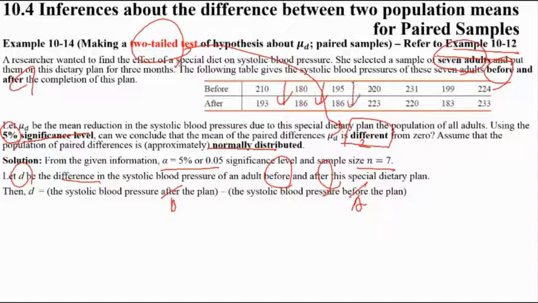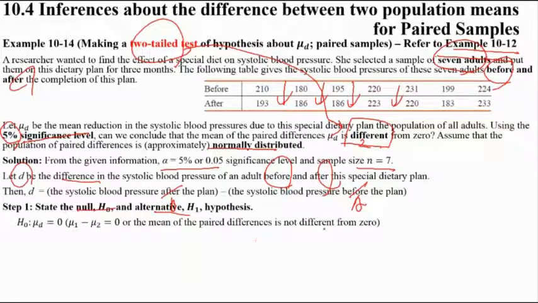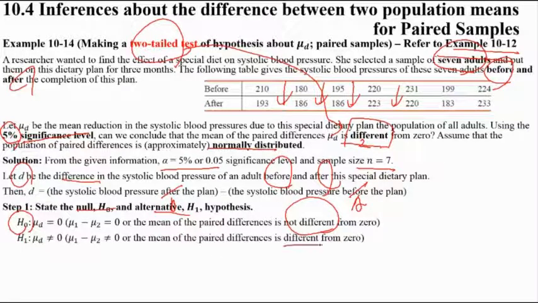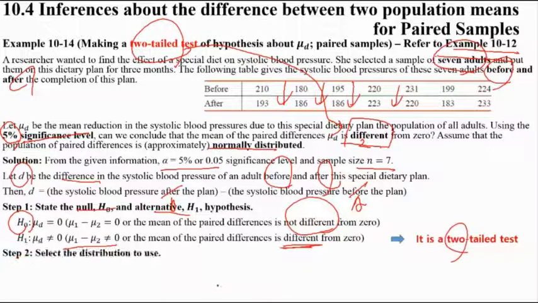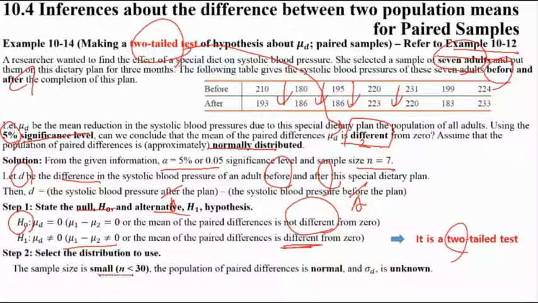So before minus after, this one is the subtraction. Okay, so the null hypothesis and alternative hypothesis. So there's a difference, right? The null hypothesis is not different, and the alternative hypothesis is different. That's why it is two-tailed testing. So what kind of distribution? The small size, right, and normal and unknown, so it's supposed to be the t distribution. Alright, step 4.